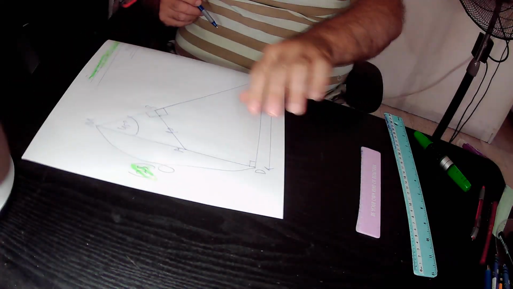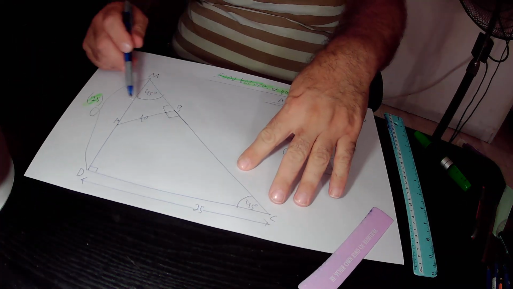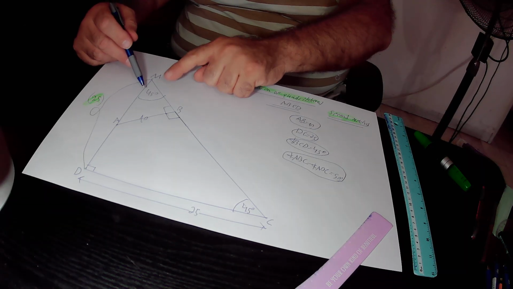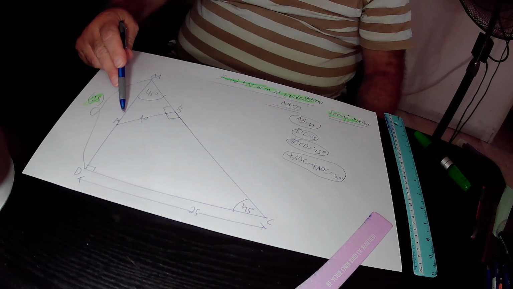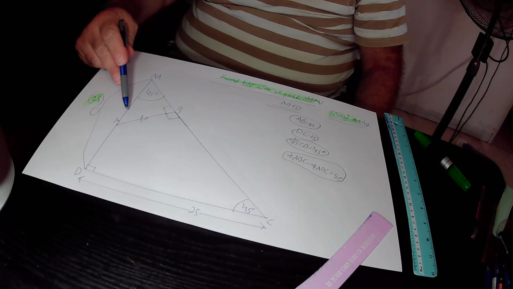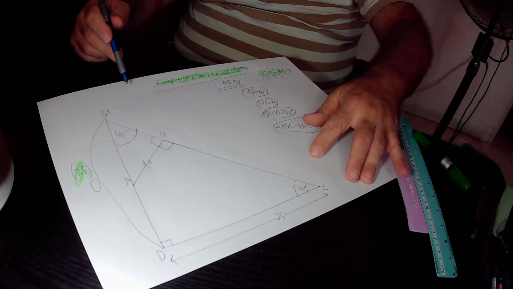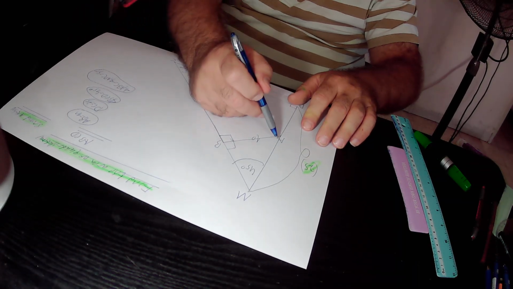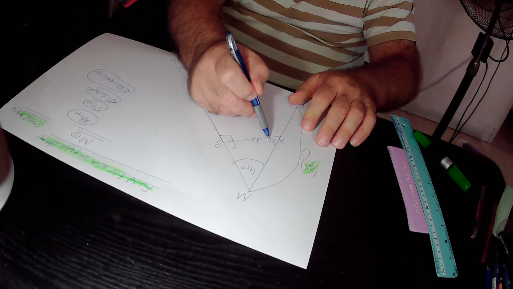So in the small right triangle MBA, this angle equals 90 degrees, this angle equals 45 degrees, and therefore this first angle must be equal to 45 degrees in its size, according to the rule that the sum of the angles in any triangle is equal to 180 degrees.